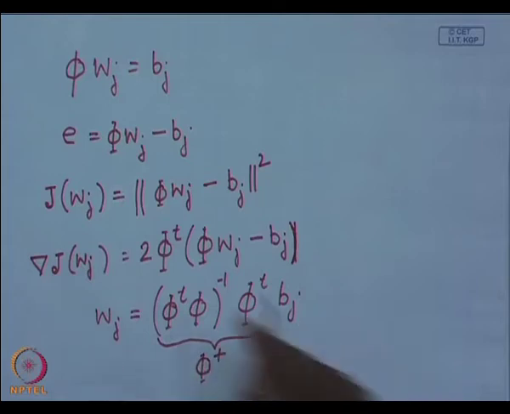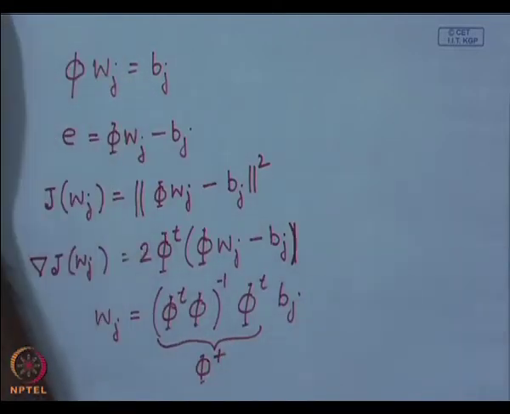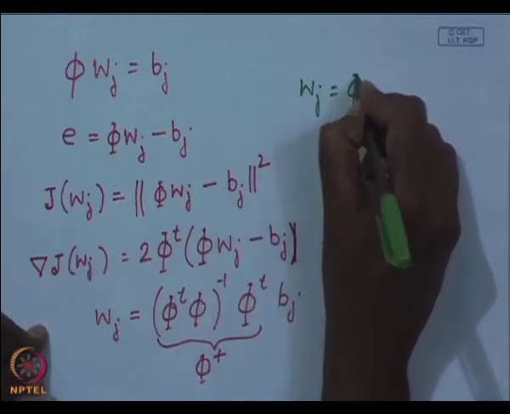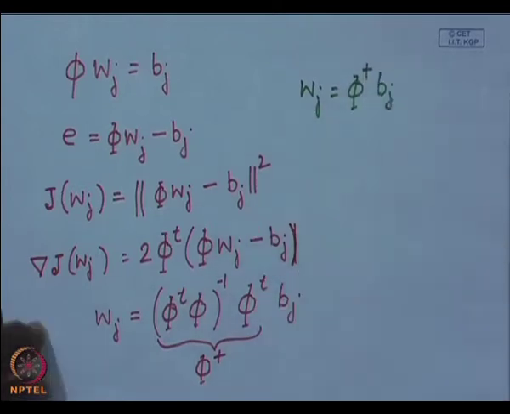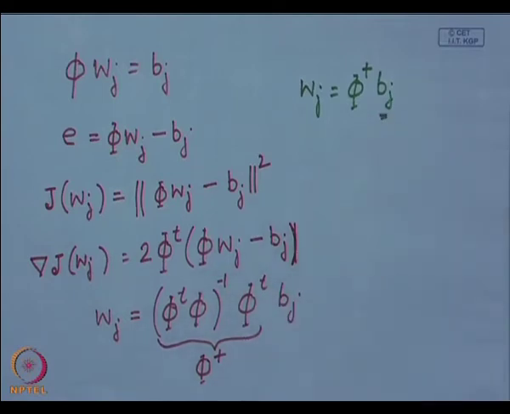So, by this pseudo inverse technique, we have w j is equal to phi pseudo inverse into b j, where b j is defined beforehand. Every component of b j will be either 1 or 0. It will be equal to 1 if the corresponding input feature vector belongs to class omega j, and equal to 0 if the corresponding input feature vector does not belong to class omega j.